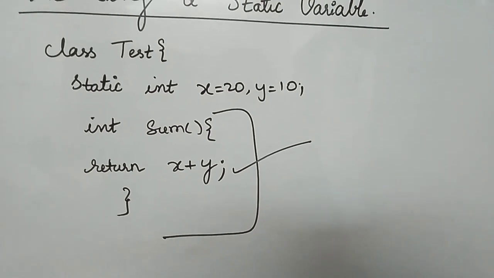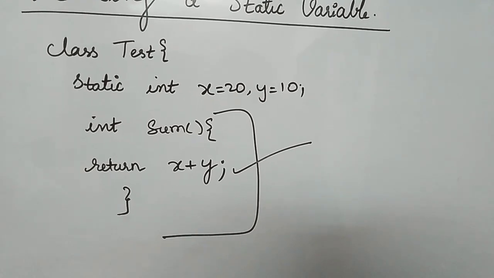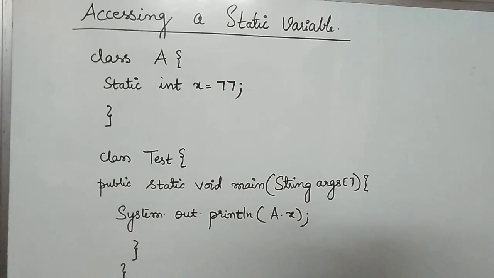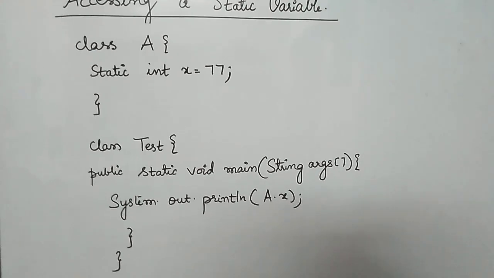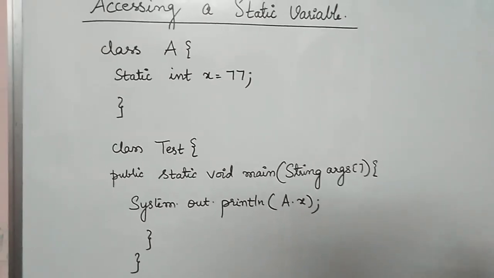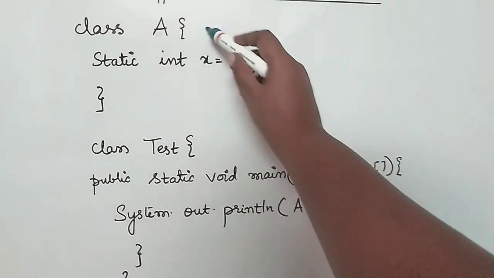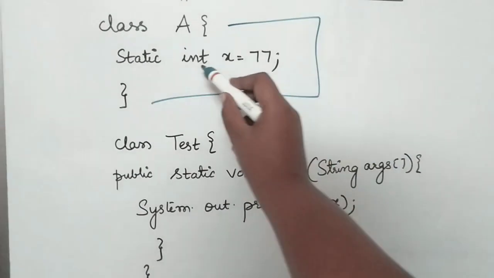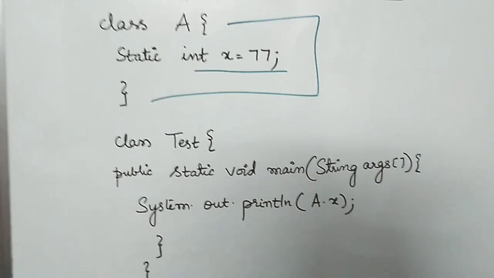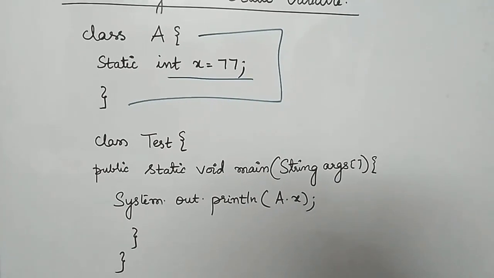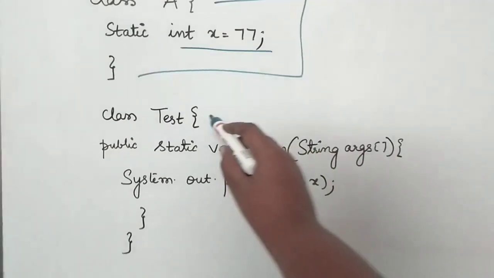Now we'll see how to access the static members from outside the class. This is a program which shows how to access the static members from a method of another class. Here we have class A, and inside class A there is one static variable, x. And how to use this static variable in another class, which is Test?